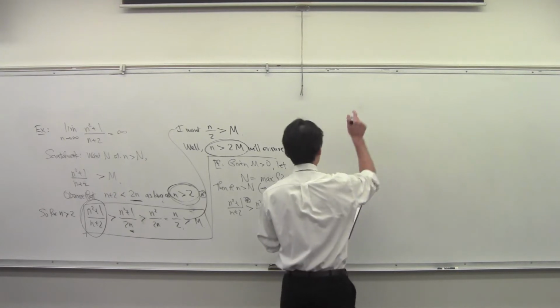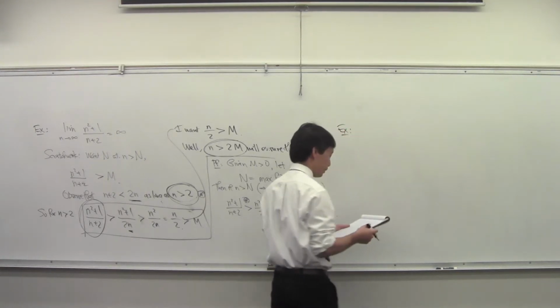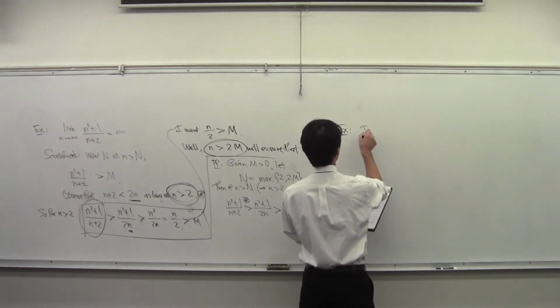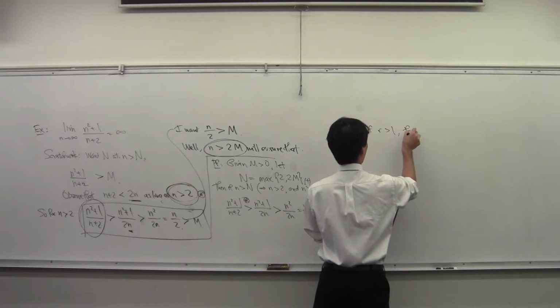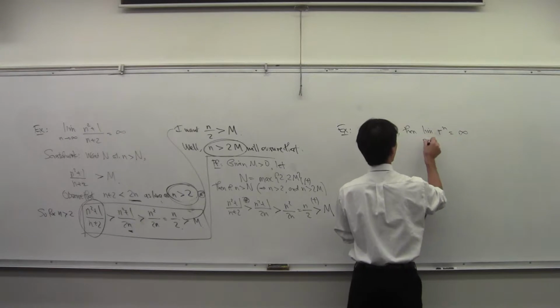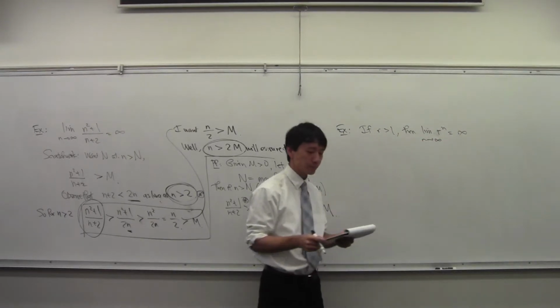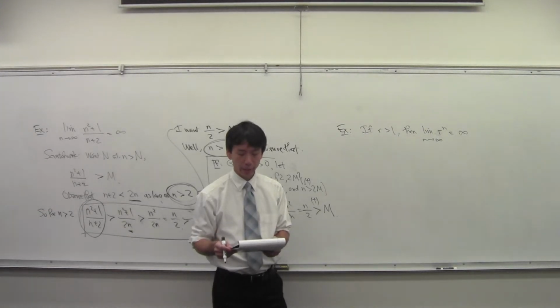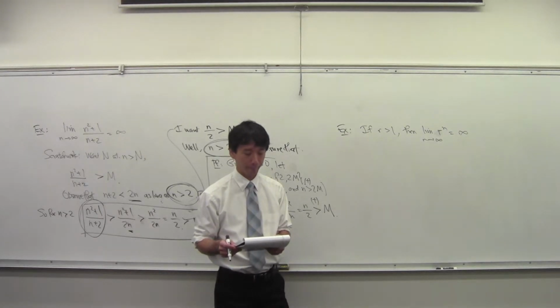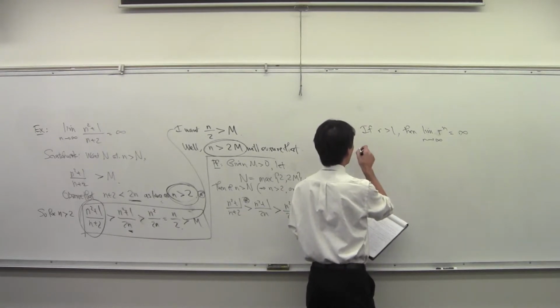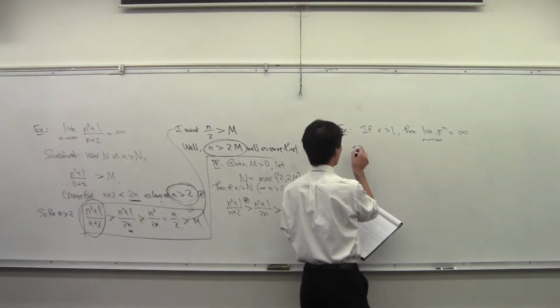Okay, so here is something. If r is bigger than 1, then the limit of r to the n is infinity, as n goes to infinity. I want you to think about this, see if you can get anywhere with it.